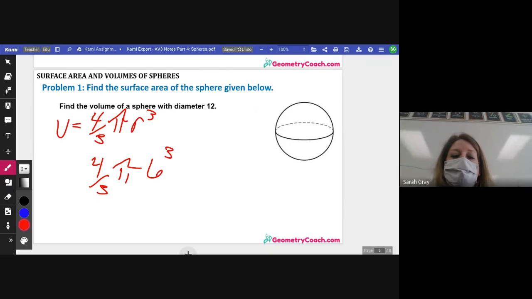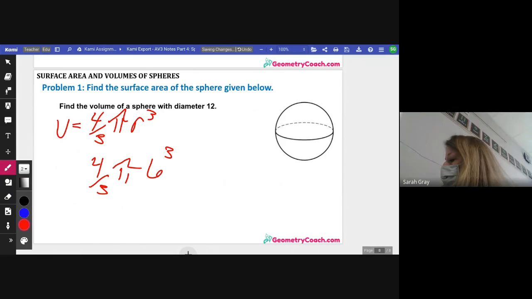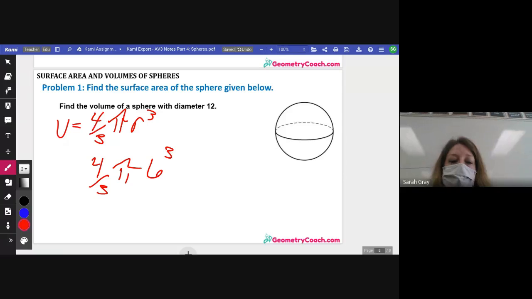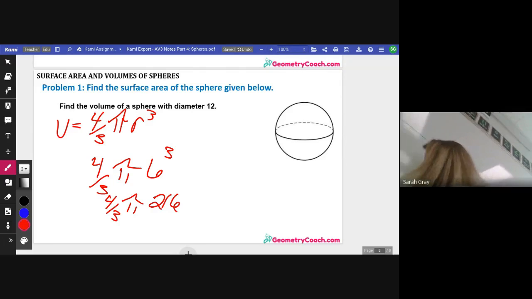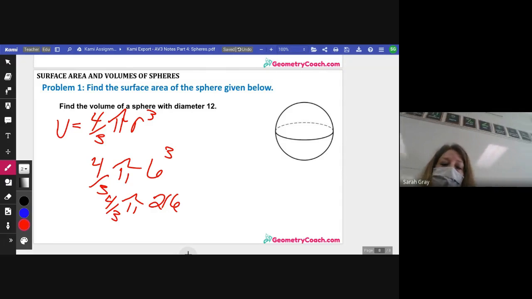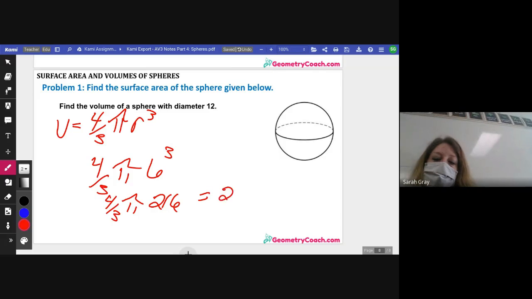It is 6. 6 cubed. 6 cubed is 216. And then 216 times 4 divided by 3 is 288. So 288 pi units cubed.